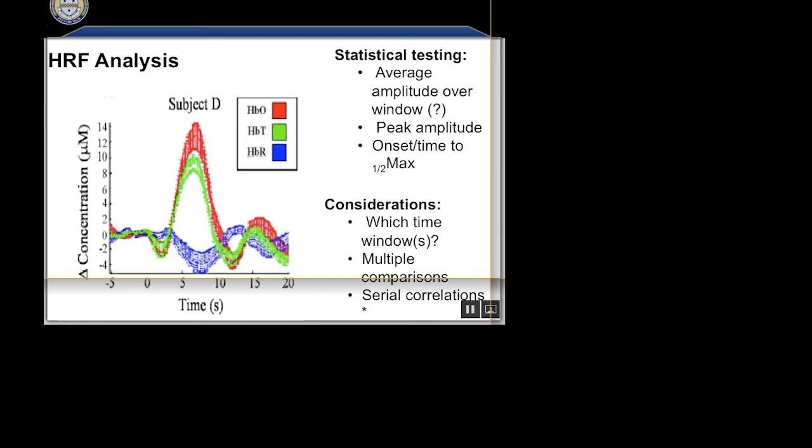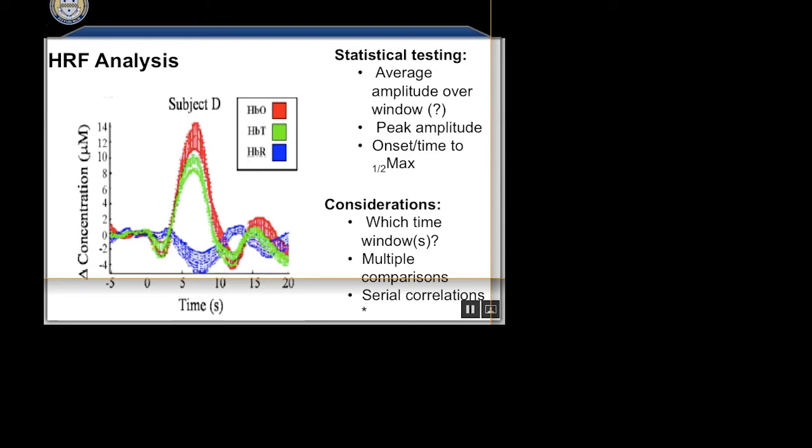You also have this issue of multiple comparisons, because in NIRS, and I'll talk about this a little more, we have what's called serial correlations in our noise. Our noise is not white. It's not instrument noise. It's what's called colored; it has specific frequency components. Cardiac, respiratory, and blood pressure are slow physiological changes that are much slower than our data rates, and a lot of the noise is due to that.